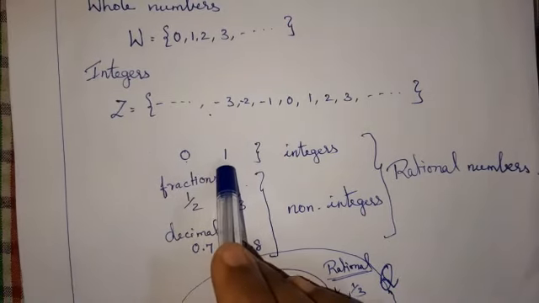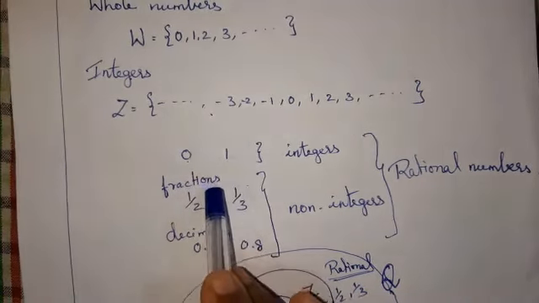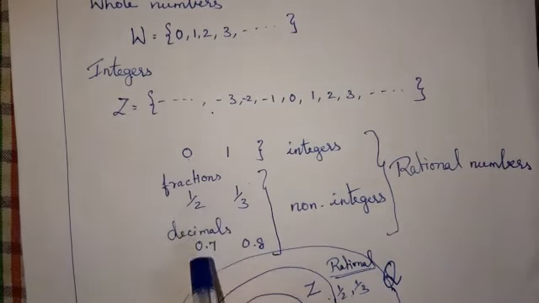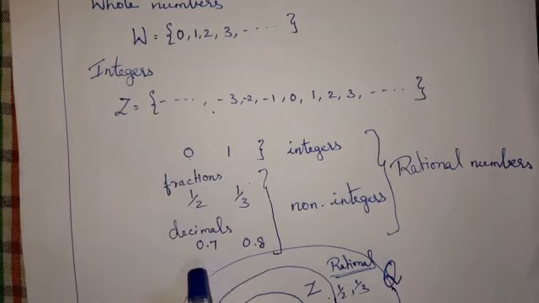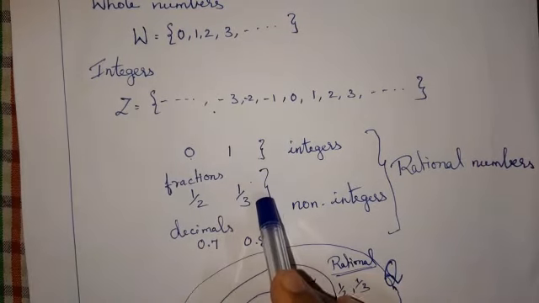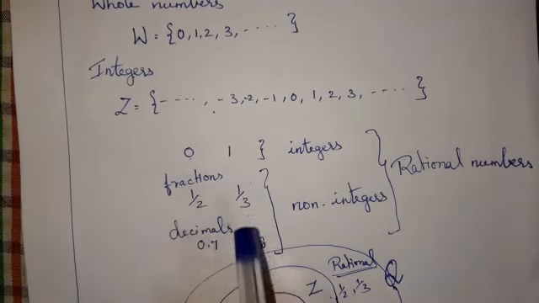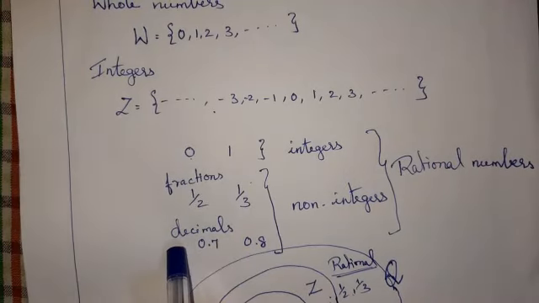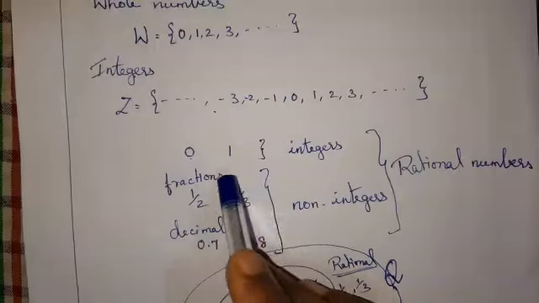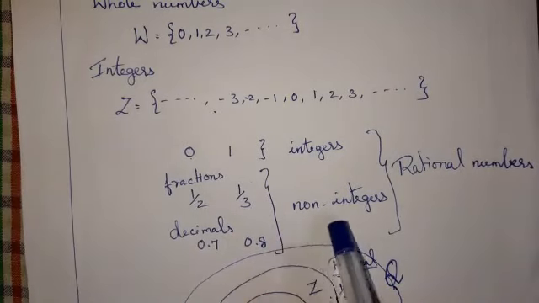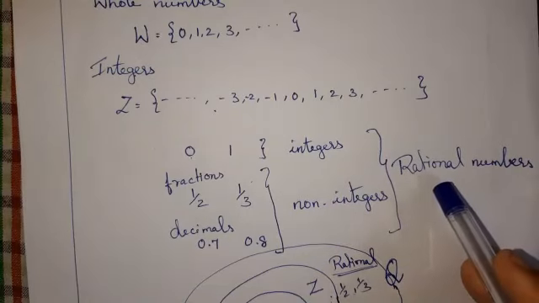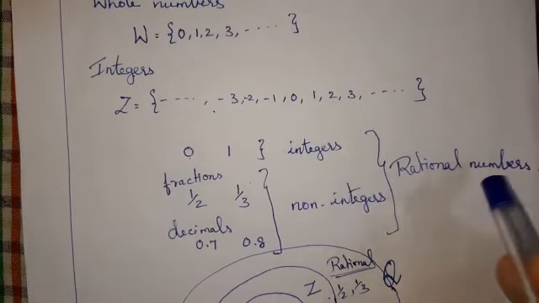In between these two integers, you have a lot of numbers. 1 by 2 is half, which is changed into 0.7. 1 by 3 is also a fraction that can be written as 0.8 in decimals. Fractions and decimals are known as non-integers. Integers and non-integers are known as rational numbers.